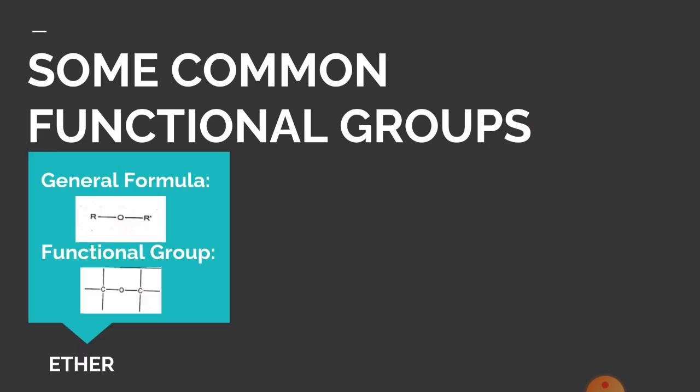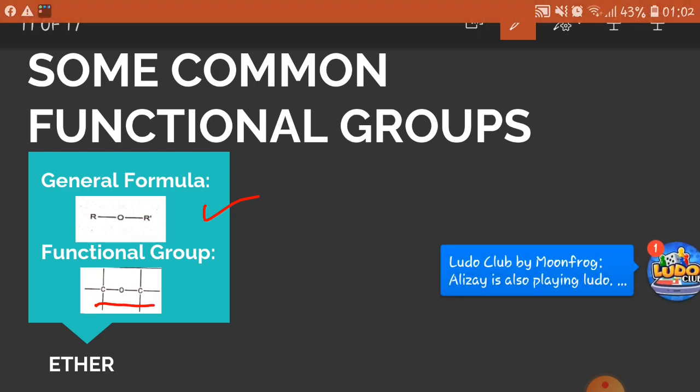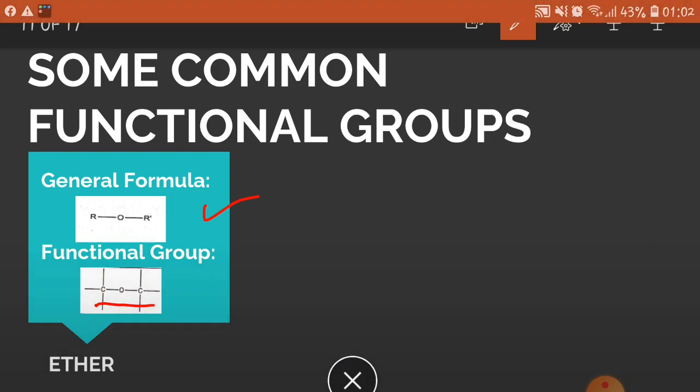Another class of organic compound is the ether. This is the general formula for ether. The functional group that is present in the ether is C-O-C. An oxygen atom is present between two carbon atoms in the case of ether.